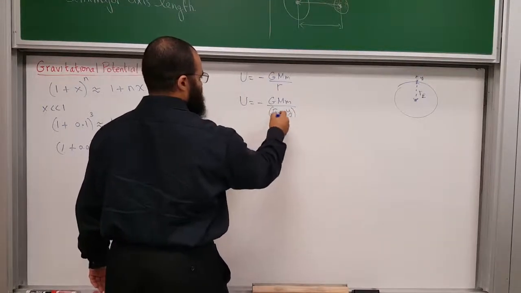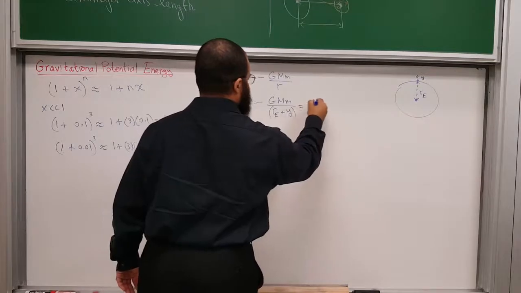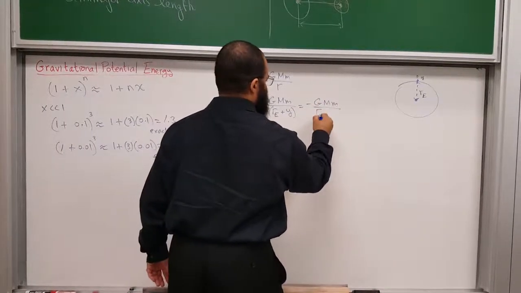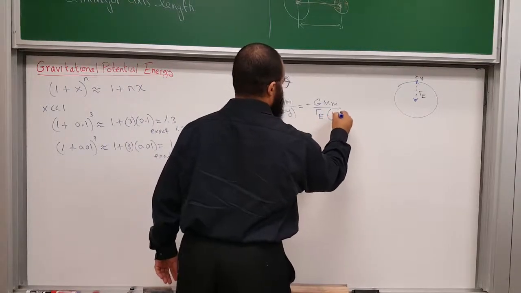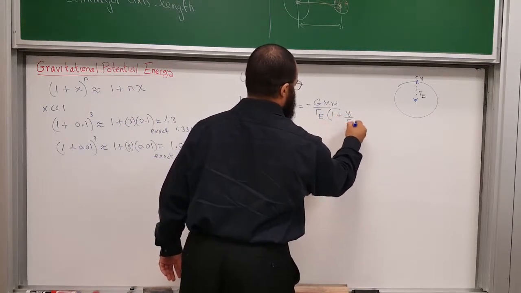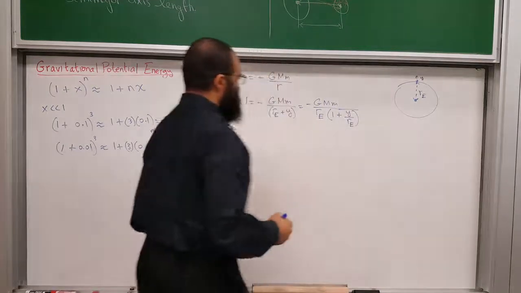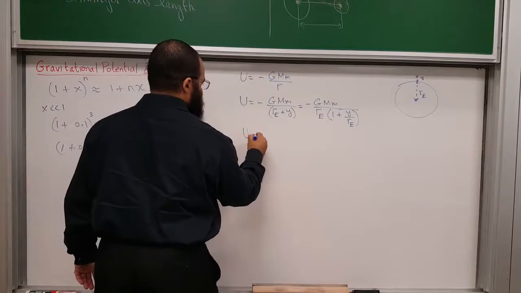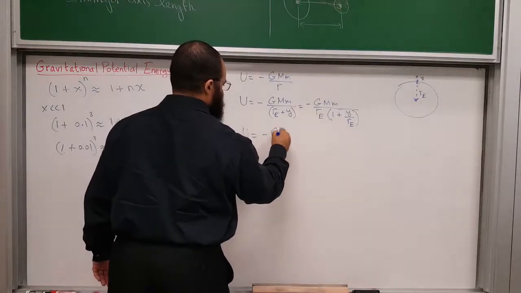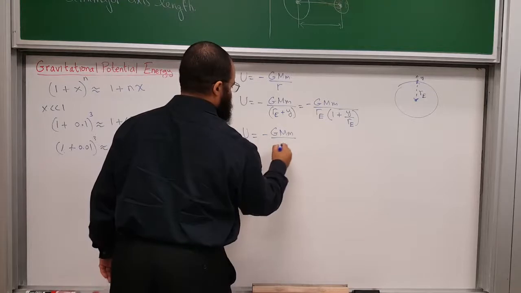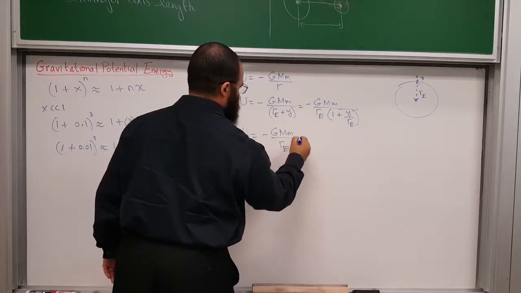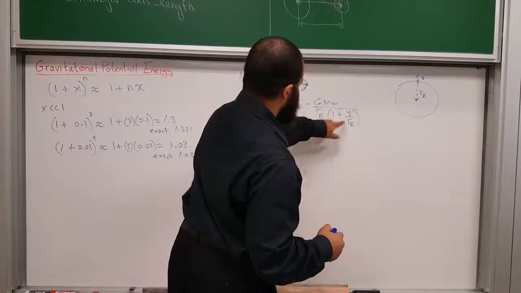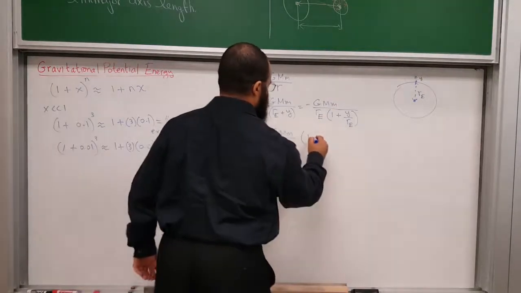I'm going to factor the radius of the Earth, so I get negative capital G capital M little m, and then here the radius of the Earth times 1 plus Y over the radius of the Earth. I just factored it out. And I'm going to modify this one more time, so I get U is equal to negative capital G capital M little m divided by R Earth times 1 over something, that is that something to the negative first power.